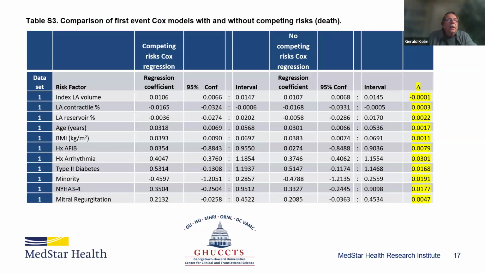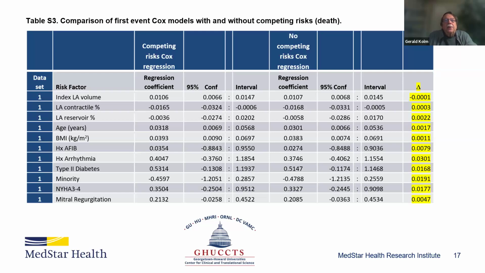We did the analysis using competing risks, the Fine and Gray method, and then compared that with what we got when we did just the censoring at death. In other words, no competing risk.